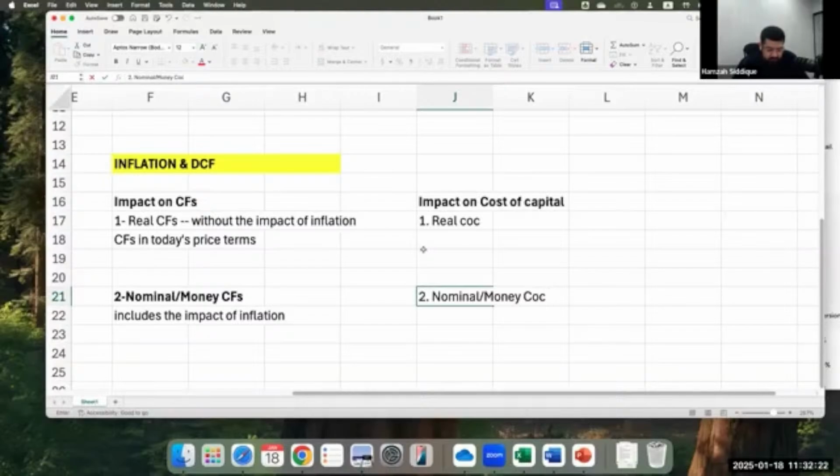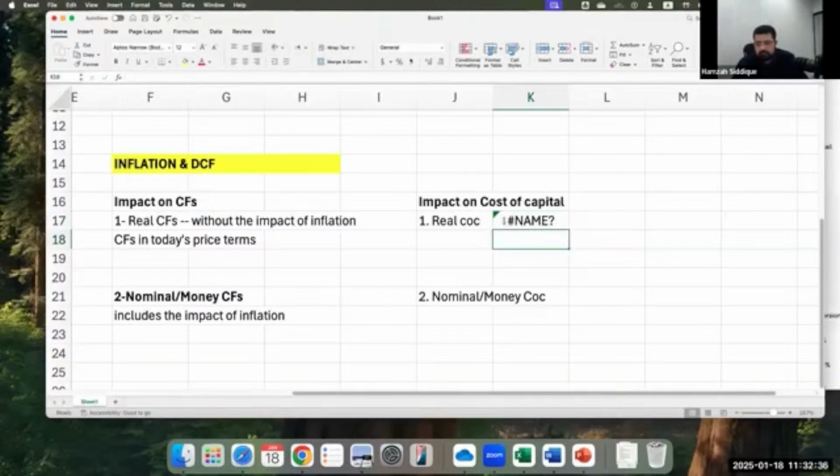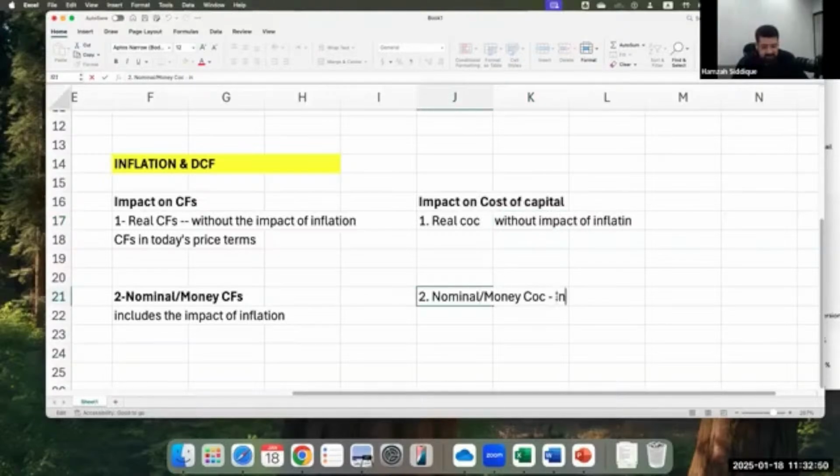Real is without impact of inflation, and nominal is with inflation, which is inflated.